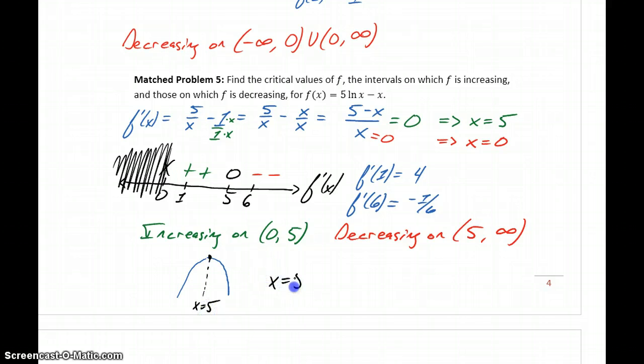So we could say that x equals 5 is a local maximum. Again, the question's not asking us for this, but the homework is going to be doing that. We've already introduced the theory for it. So we can go ahead and identify that point as an extremum, in this case specifically a local maximum.